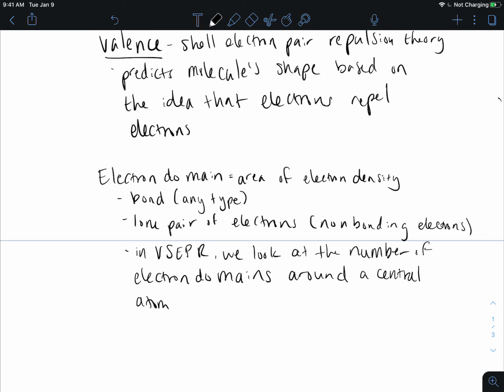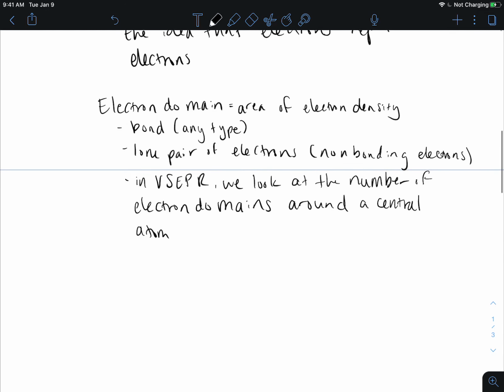And those number of electron domains around the central atom are going to dictate this structure.